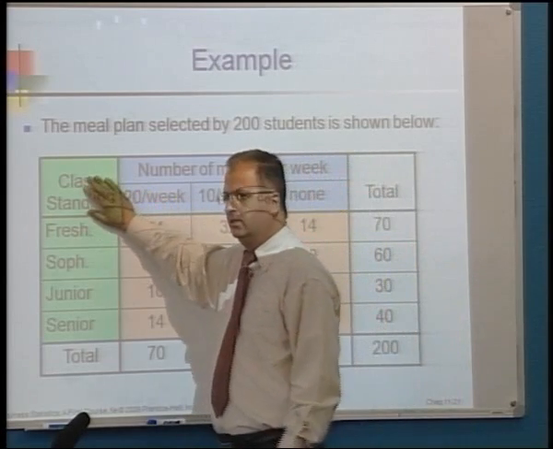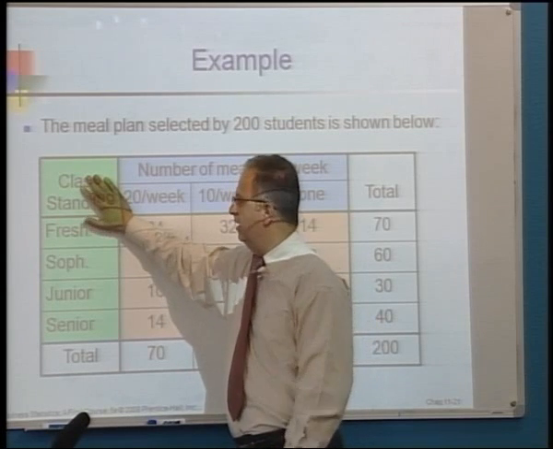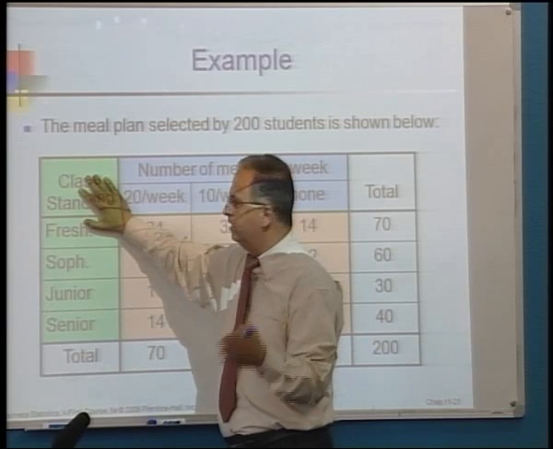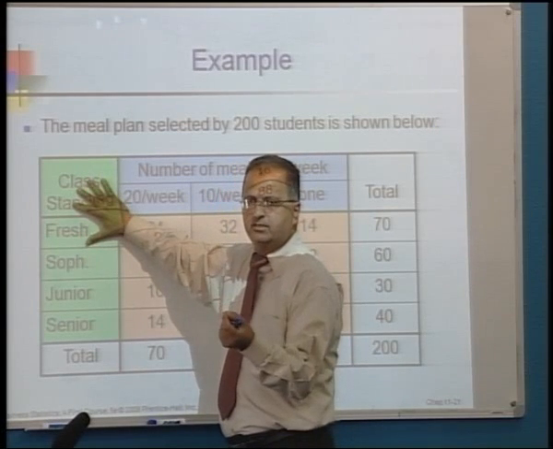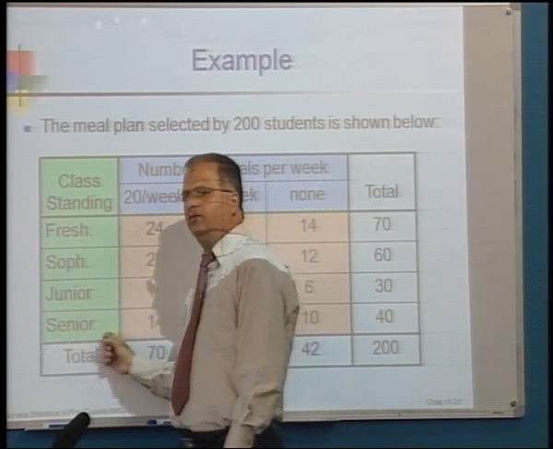Class standing: students are classified into 4 levels. A freshman means students like you, first year. Sophomore means second year. Junior, third level. Senior, fourth level.